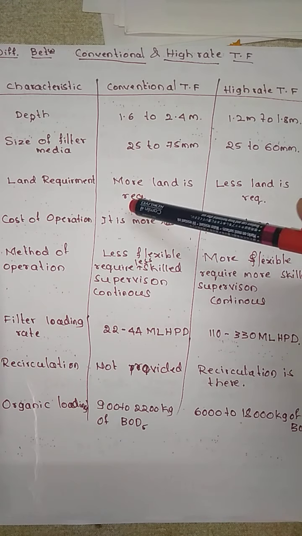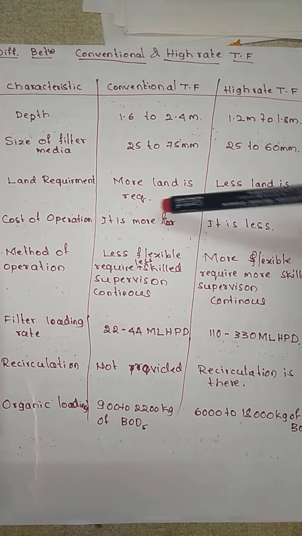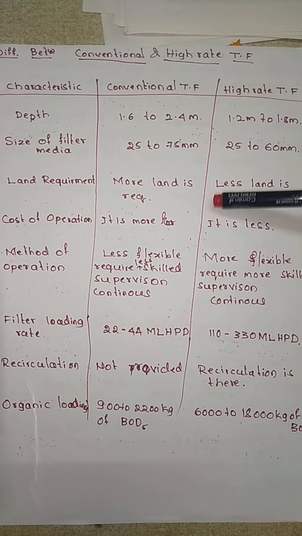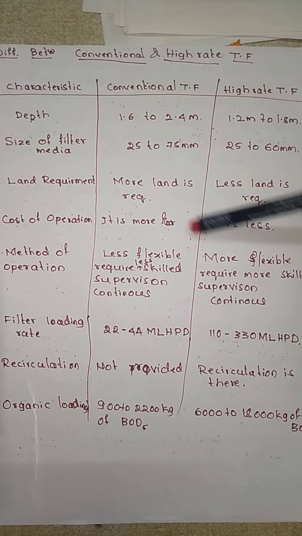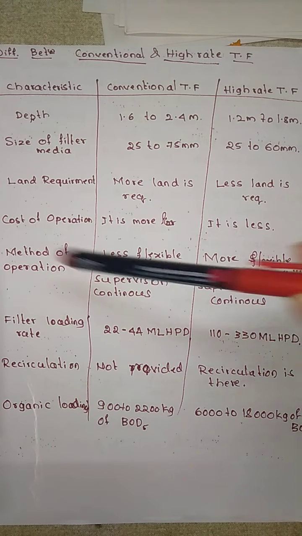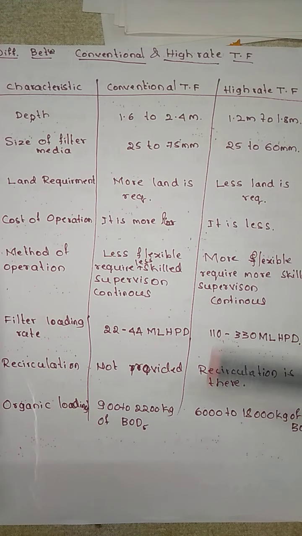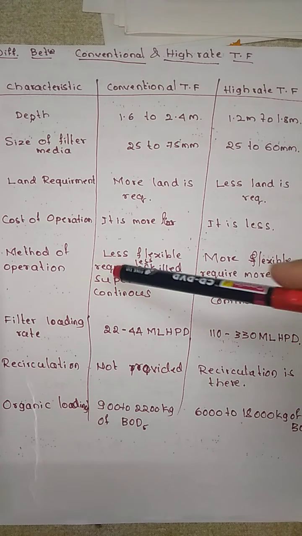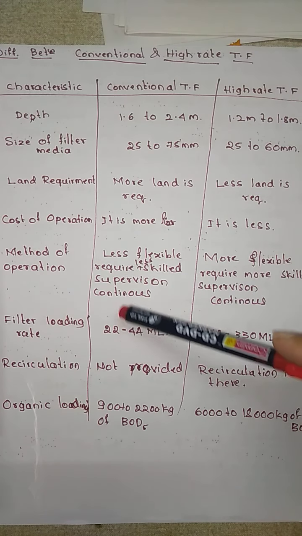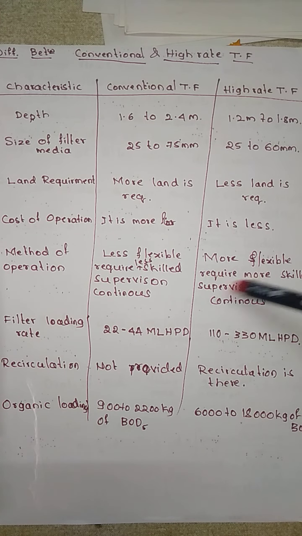Then the land required: it is more in case of your conventional trickling filter, and for the high rate trickling filter, less land is going to be required. Then the cost of operation is more for the conventional trickling filter, and for the high rate trickling filter it is comparatively less. Then the method of operation: it is continuous operation, and this is also continuous operation.